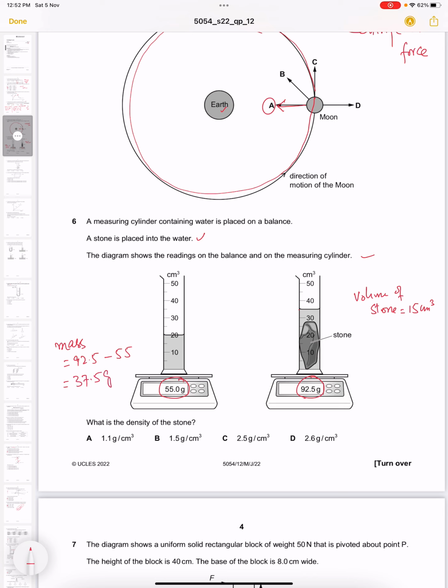Now we have to find the density. That will be equal to 37.5 over the volume, which was the difference of 35 and 20, which is 15. By dividing them, we got the answer C. That's the correct one.